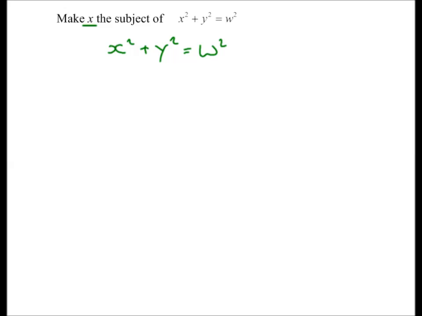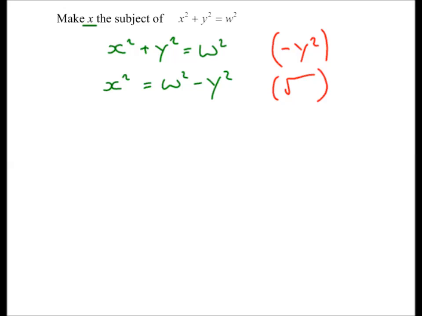So I'm going to subtract y squared from both sides. I get x squared equals w squared minus y squared. And now I'm going to square root my equation, because square root is the inverse of squaring. So I'm going to square root both sides.